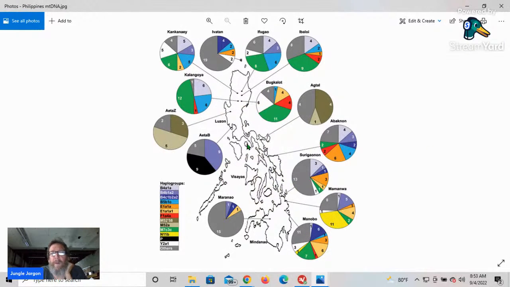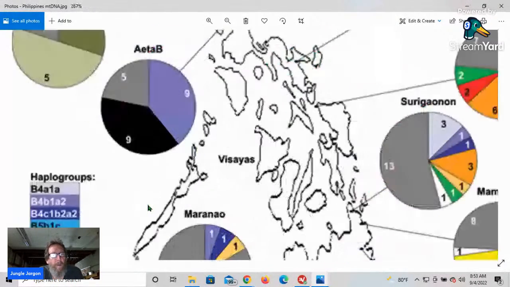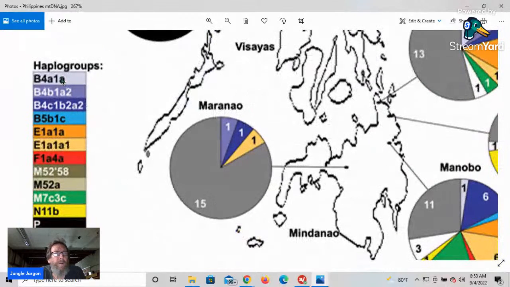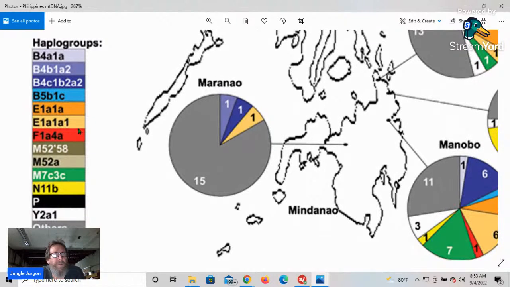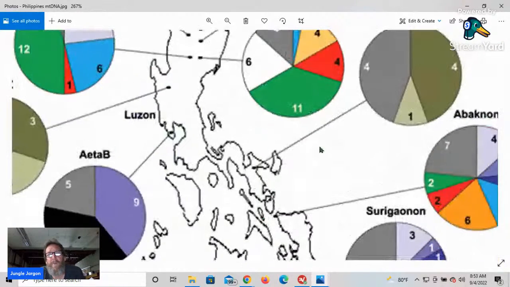Here's the mitochondrial DNA that's Middle Eastern Semitic, the B. The B is Middle Eastern Semitic, which is all these blue shades from gray to blue. Then there's the F, which is linked to B, and the P is also linked to B. This is Middle Eastern mitochondrial DNA in the Philippines as it's traveling to the Pacific Islands.